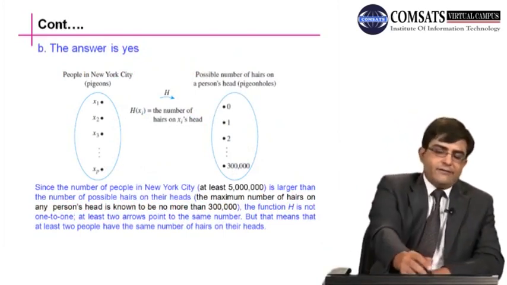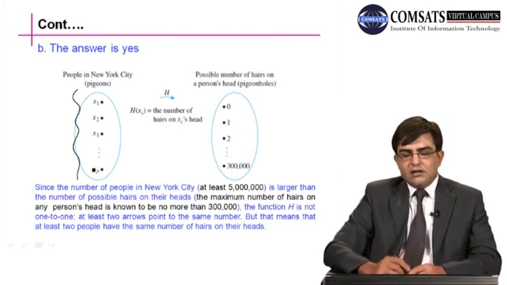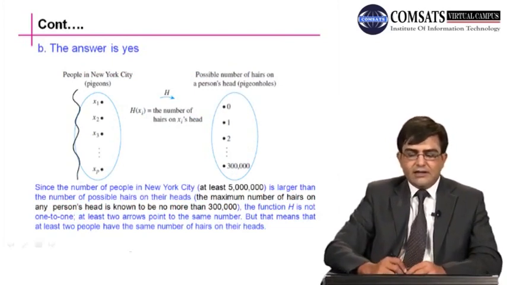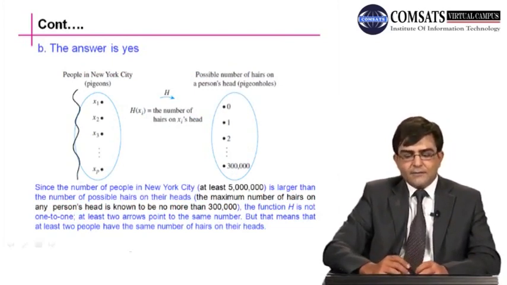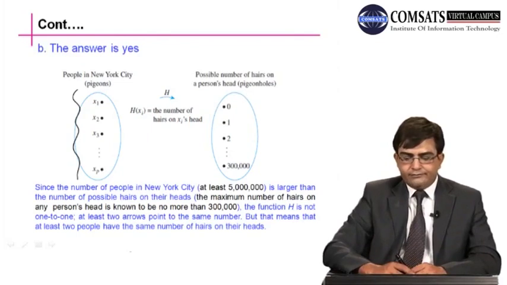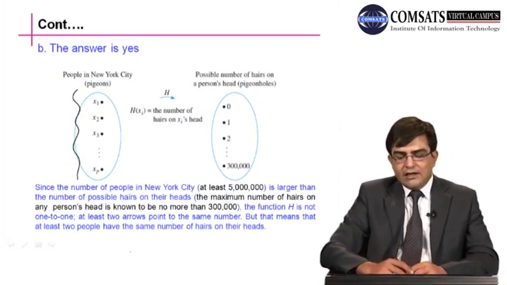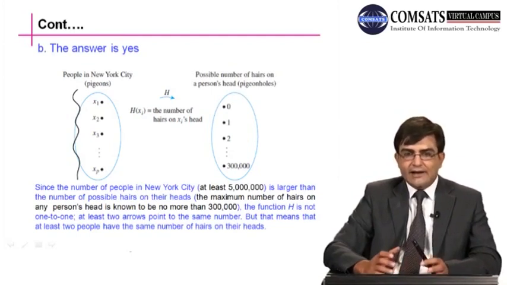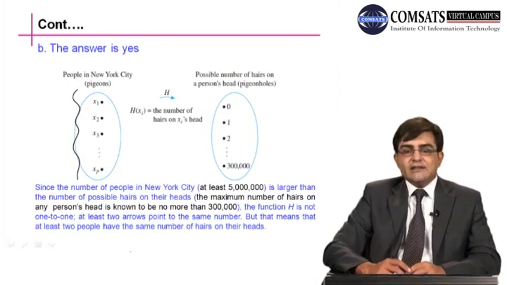which contains 500,000 people. Now in medical science it has been established that on a person's head, the maximum number of hairs is basically 300,000.